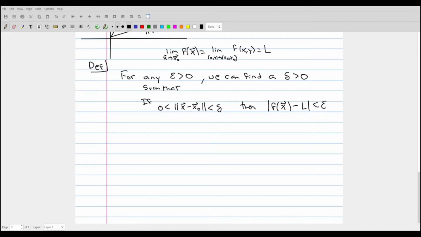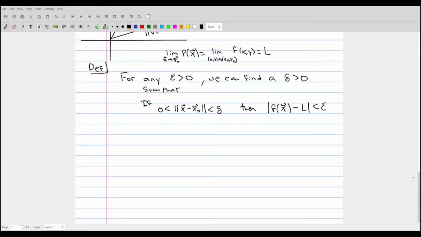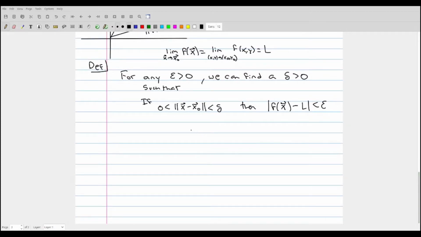So the distance between the value of the function and the proposed limit is less than epsilon as long as you're close enough to the point x naught. That's exactly what this is saying.